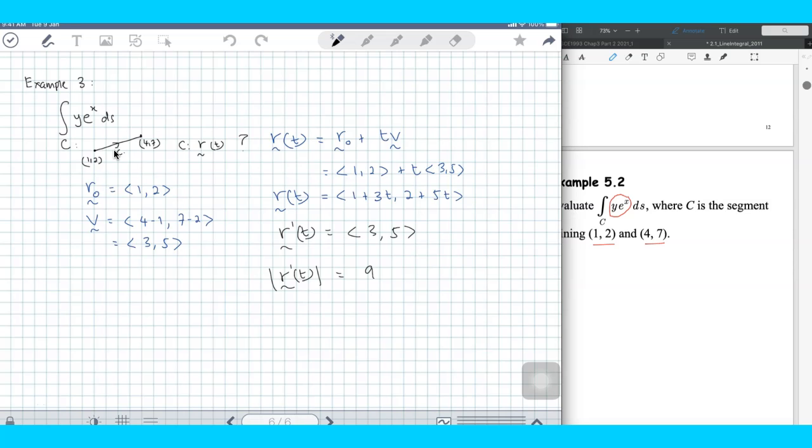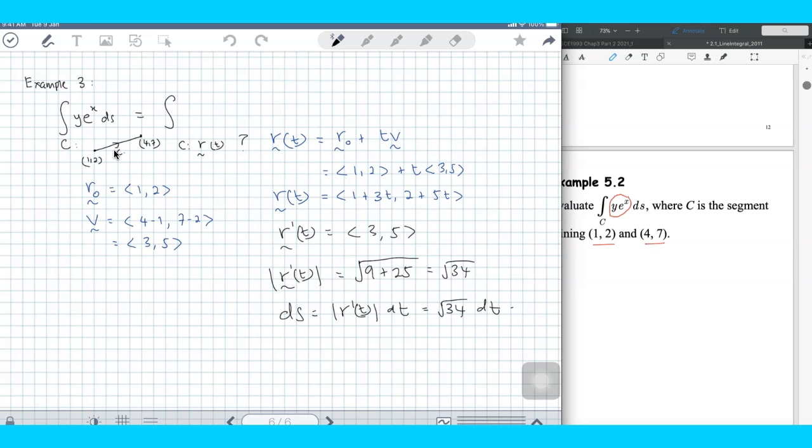So 9 plus 25, you have the square root of 34. So your ds is the magnitude of r prime(t) dt, which gives square root of 34 dt.